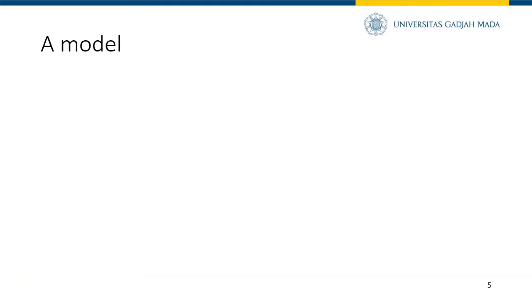So, what is a model? A model is if we have a system like this one. This one is the real world. So you can give a kind of stimulus.